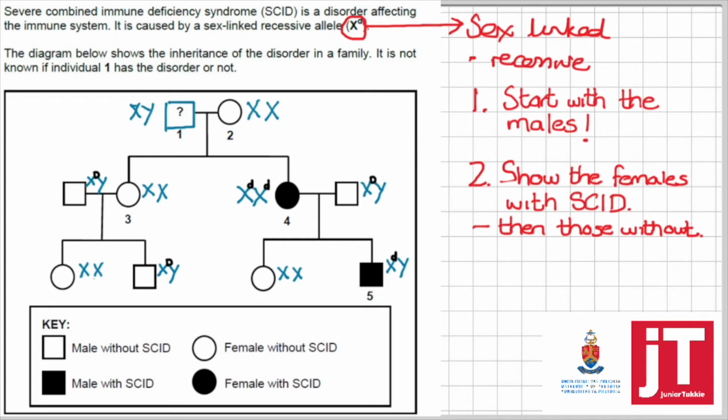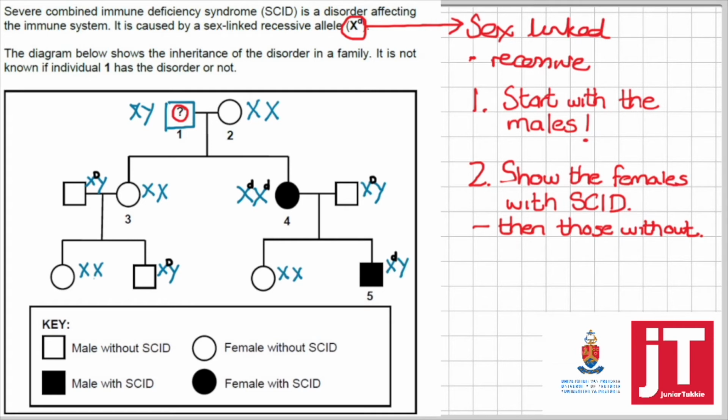If we look at the males, it's quite easy to fill these in, because if the male has the genetic disorder or condition, he is going to be carrying the recessive allele on the X, and if he doesn't, he is going to be carrying the dominant allele on the X. There isn't a second X gonosome to carry an alternate allele for that specific gene. Therefore, if he carries the recessive allele, it's going to be present in the phenotype, and if he carries the dominant allele, he'll be normal for that genetic condition.